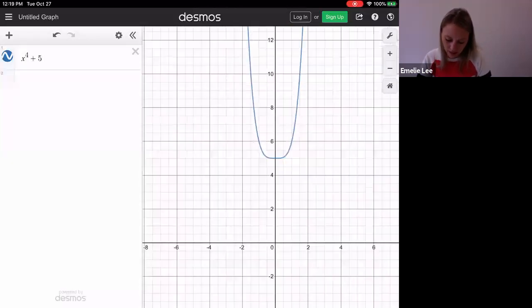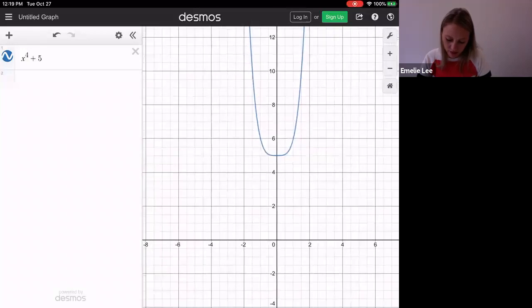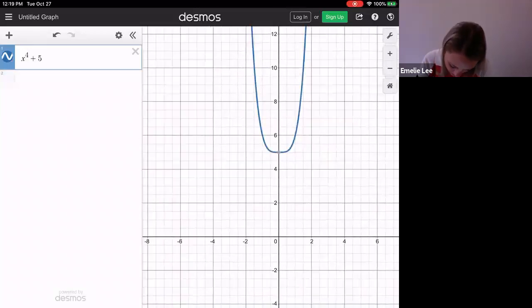Because I'm able to find two values, here at x equals 1, it's 6, and x equals -1, it's also going to be 6.